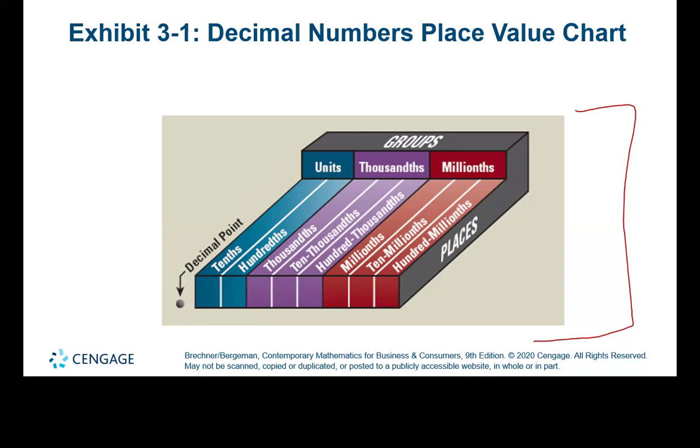And then you have the next group, which is your thousandths, okay? You have your thousandths, 10 thousandths, 100 thousandths. And then your next group is your millionths, 10 millionths, and 100 millionths. So the further you go right, the smaller the numbers are going to get.